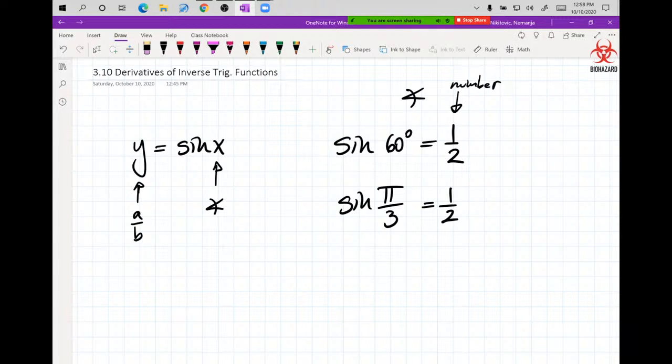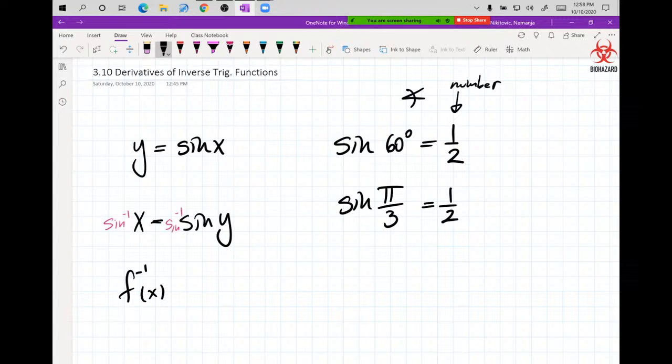So that's the deal how this goes. Now, if I have an inverse function, remember what the inverse does. It swaps the domain with the range. So in this case, x equals sine y when you swap it. And then you apply what we call inverse sine on both sides, and you get that your inverse function of x is inverse sine of x.